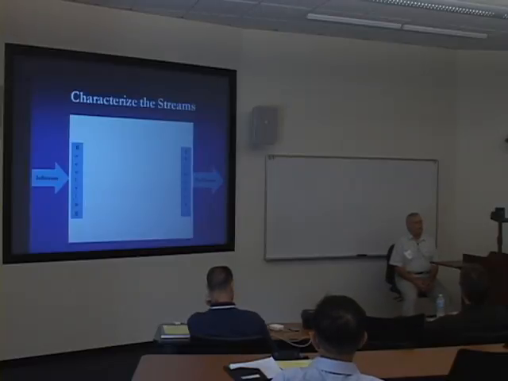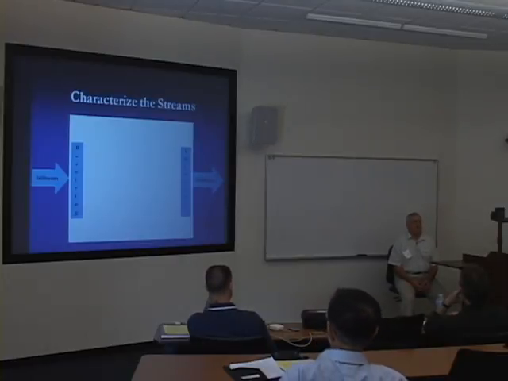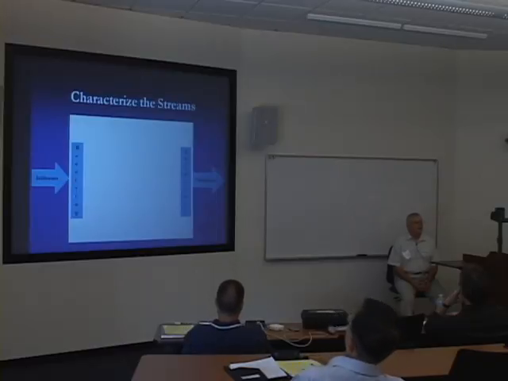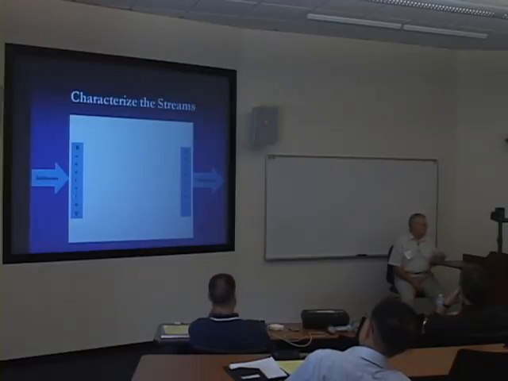In the in stream, I bring in a pallet and it's all one SKU. The out stream is a pallet that may be one SKU, but it may be a pallet that has a number of cartons on it, each representing a different SKU. I don't care how many different SKUs there are at this point. All I care about is I know the nature of what's being received and the nature of what's being shipped.